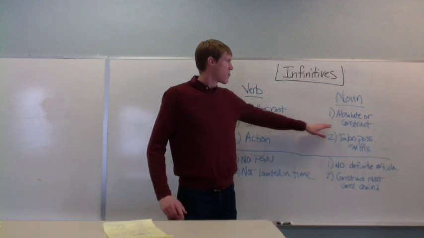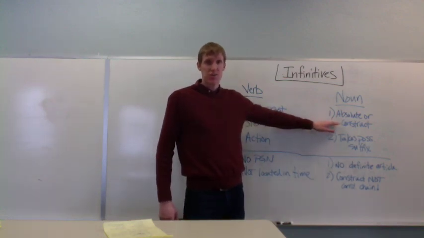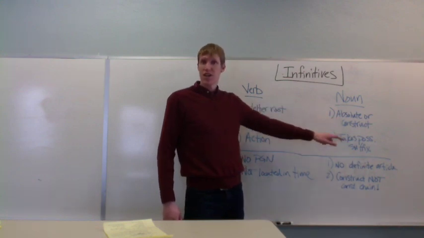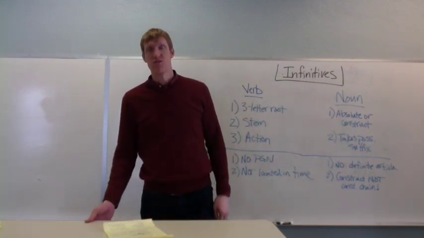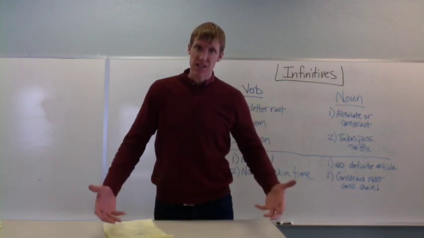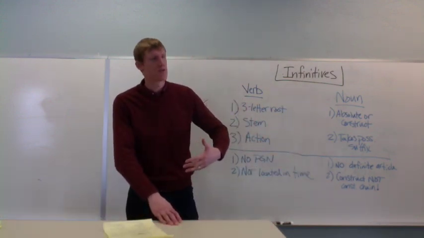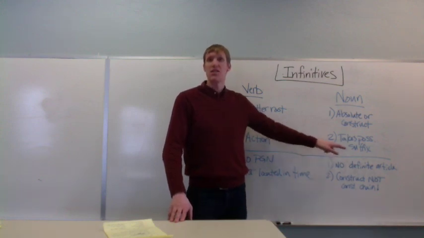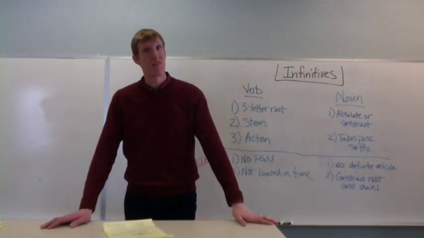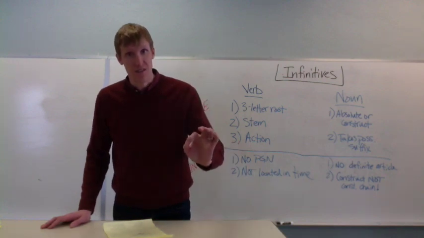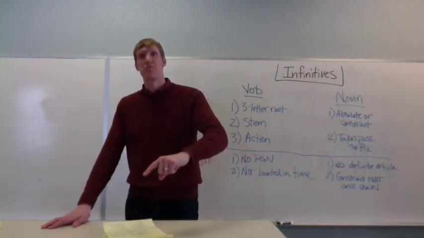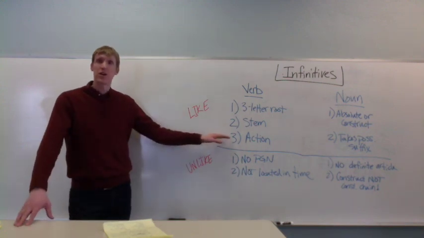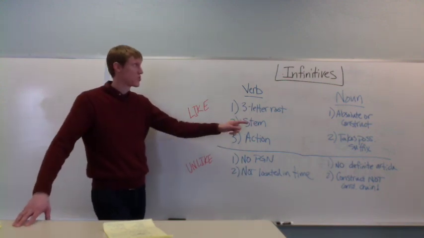Over here, infinitives are like other nouns in that they can either be in the absolute or the construct state. So infinitives have state, like nouns do, either absolute or construct. Infinitives are also like other nouns in that when a suffix is attached to an infinitive, it's possessive rather than being the direct object. When a suffix is attached to a verb, it becomes the direct object of the verb. Not so with infinitives.